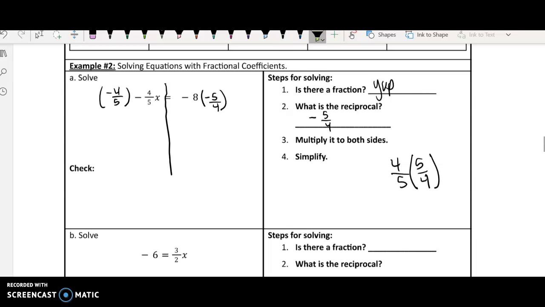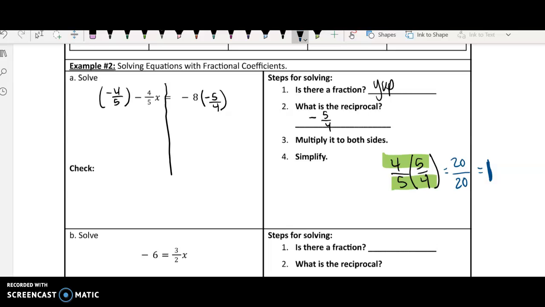And when you multiply straight across, 5 times 4 is 20. 5 times 4 is 20. 20 divided by 20 is 1. And remember, that's what we want our new coefficient to be. So we want the number in front of x to equal 1.